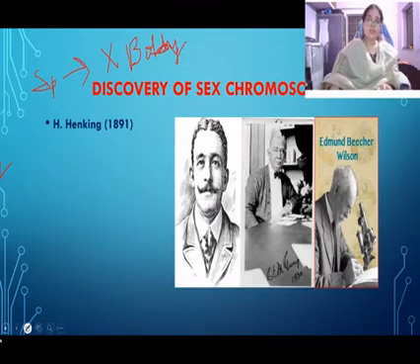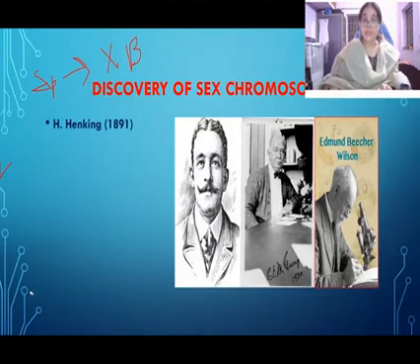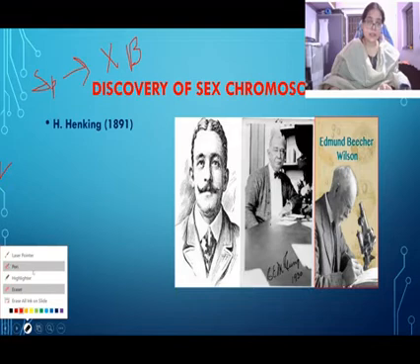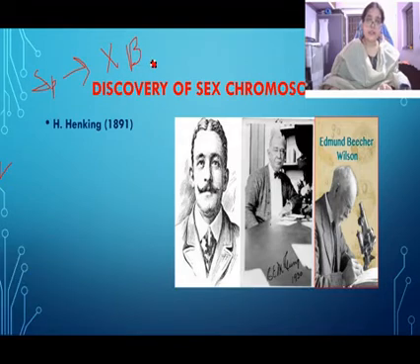So he simply observed a special structure in the nucleus of the sperm of the insects, and he called it X body. That was his contribution in identifying the X body.